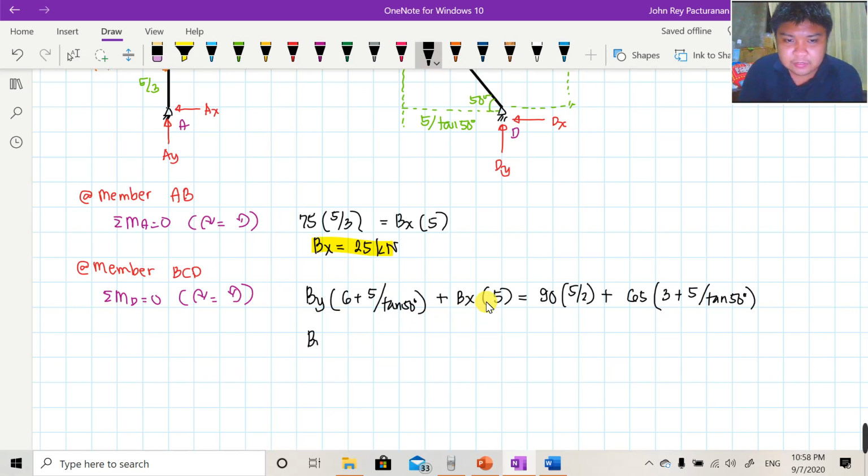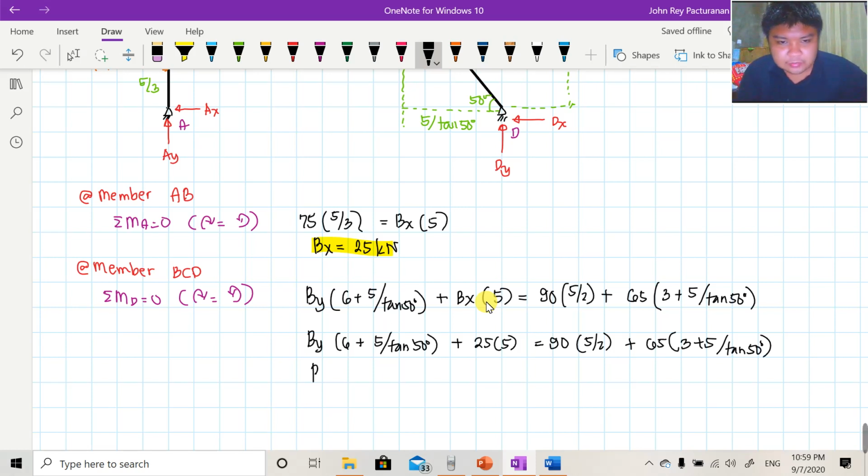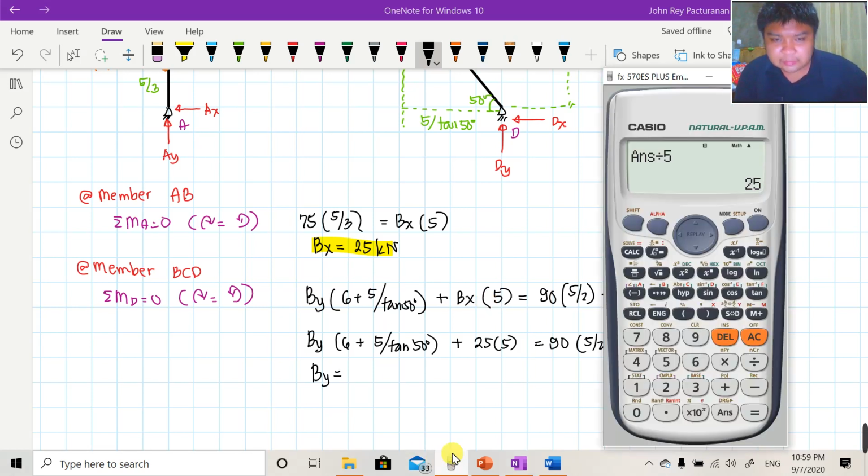So, this magiging dy. So, 6 plus 5 over tangent 50 degrees. Diba? Plus 25 times 5, equals 90. Then, 5 over 2 plus 65. And yun na nga, 3 plus 5 over tangent 50 degrees. So, mahahanap mo class ang value ng by dito. Okay?